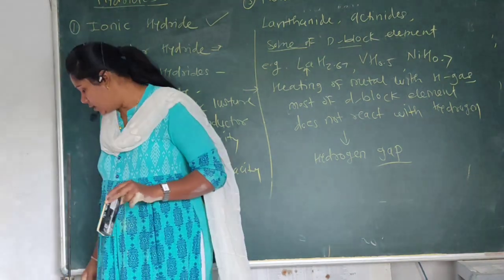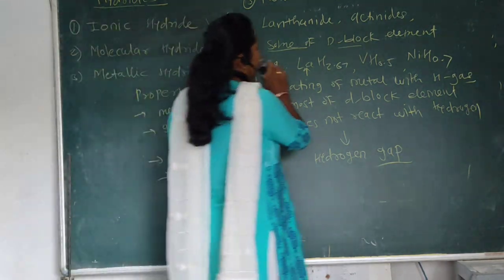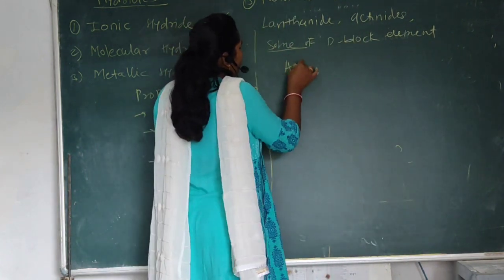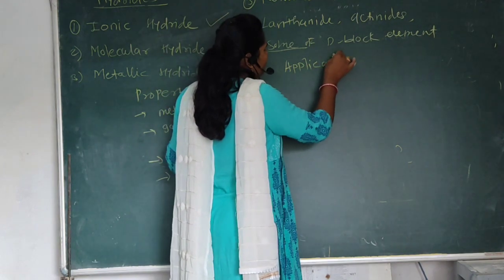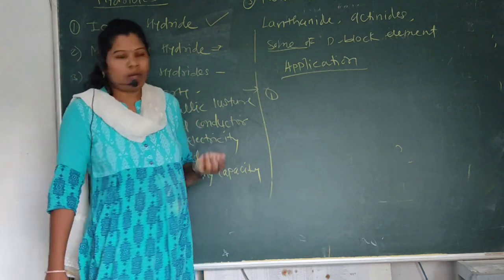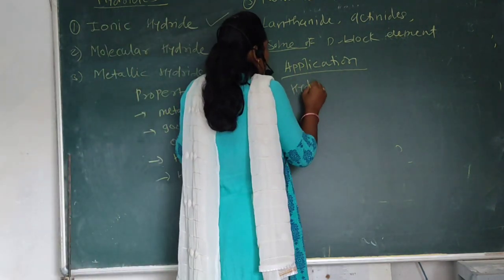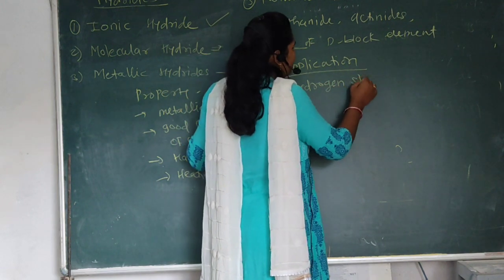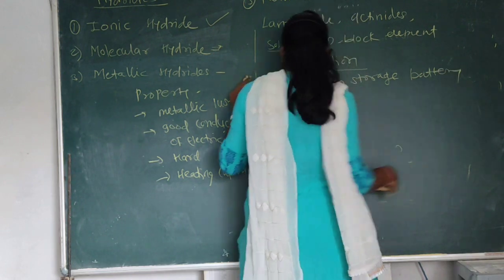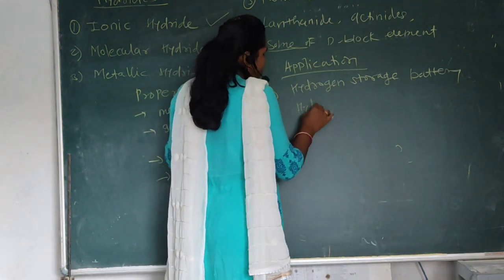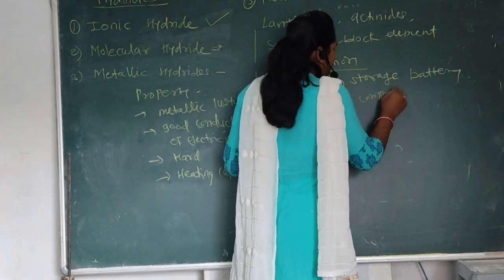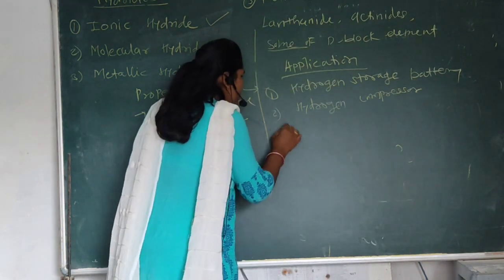Next we will learn the applications of the metallic hydride. First application, this is used for hydrogen storage batteries. This is used as a hydrogen compressor. Also, this is used as a hydrogen pump.